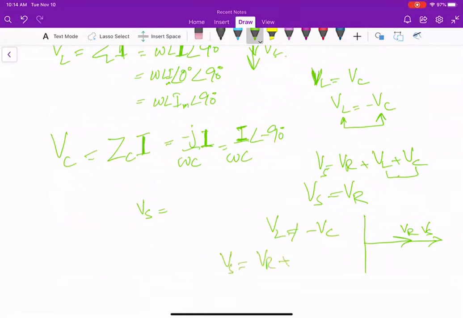Then you need to find out which one is greater. Let's say VL is greater. Then you will have an inductive effect, with VL plus VC in this direction and VR in this direction, and VS acting as the hypotenuse, because it will be in A plus JB form. Sounds good? Am I clear about that? Or do you want me to explain it again?